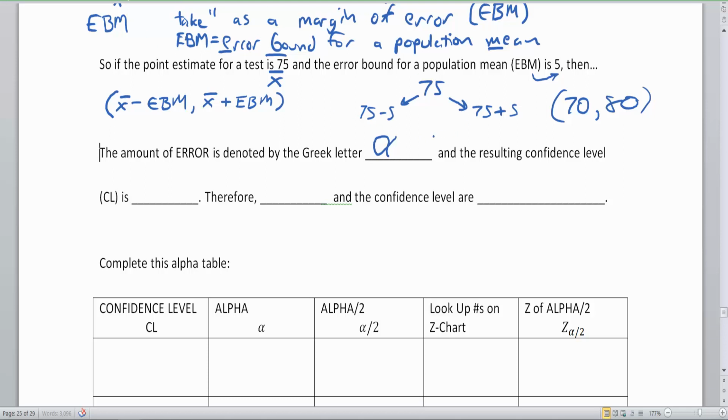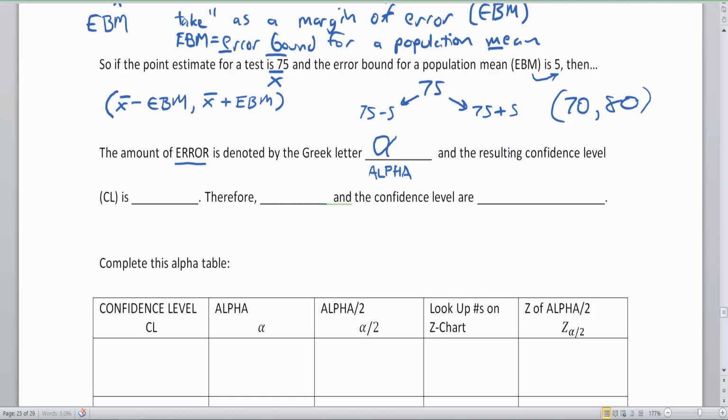Again, it's kind of a downstroke, and then you kind of double it back, so it looks like the letter A. That is alpha, and I am going to write that underneath, because we're going to be calling this alpha. And it's a lowercase alpha, so that also makes things a little trickier sometimes. But alpha is the Greek letter for error.